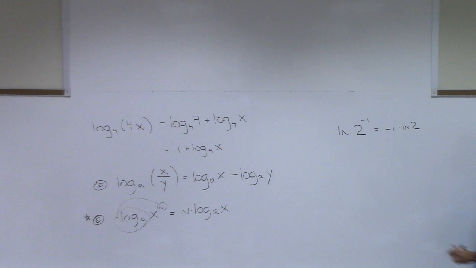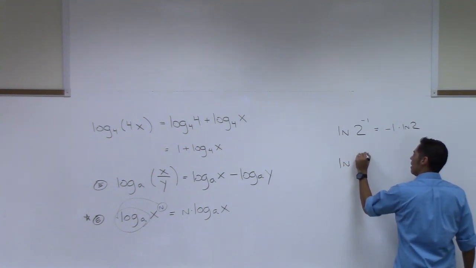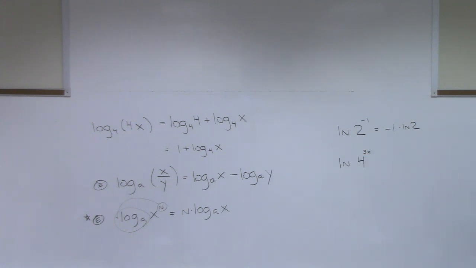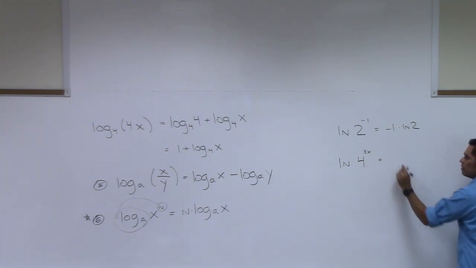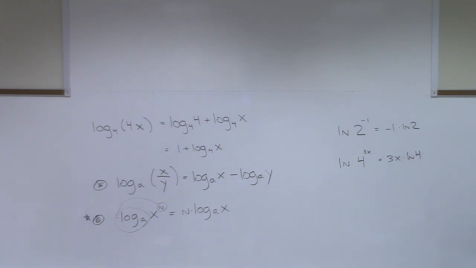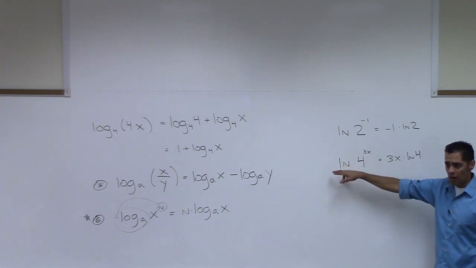Let's do another one. What's natural log of 4 to the 3x? How could I rewrite that? 3x times natural log 4. That's it. I just want you to see the property and how it's used. Doesn't matter what the log is. If you have something to a power, the power can drop out. All right?